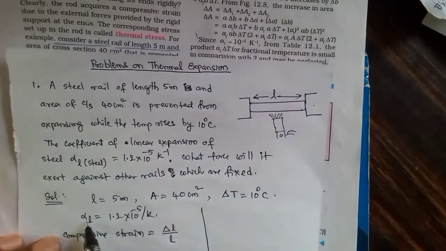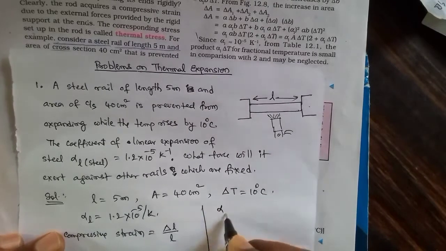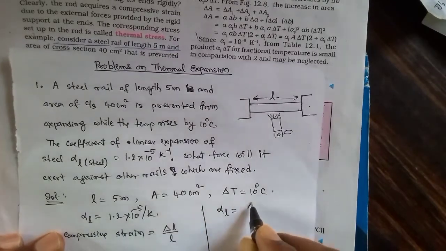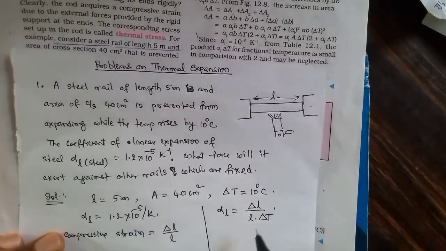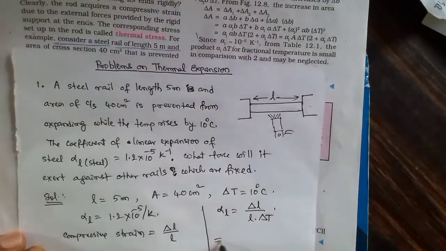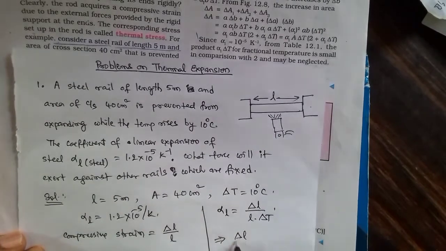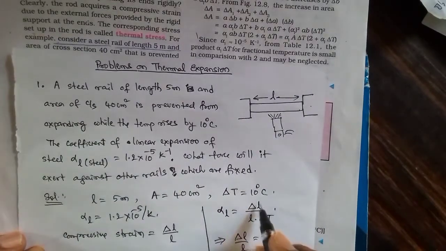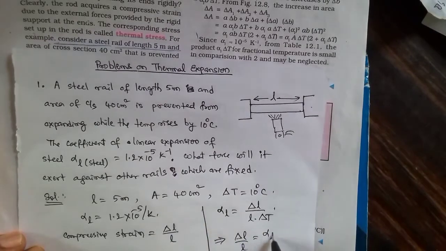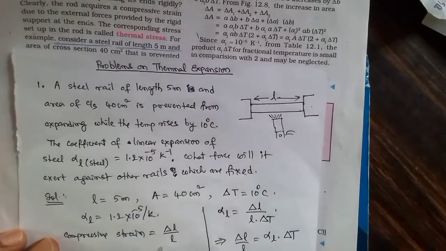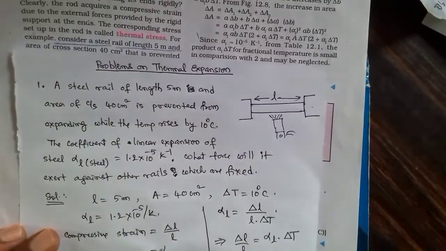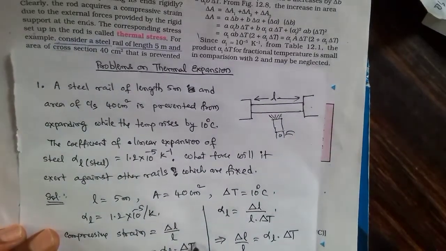We are given alpha L, and alpha L is defined as change in length by original length into change in temperature. So from this, delta L by L is equal to, taking this delta T that side, alpha L into delta T.